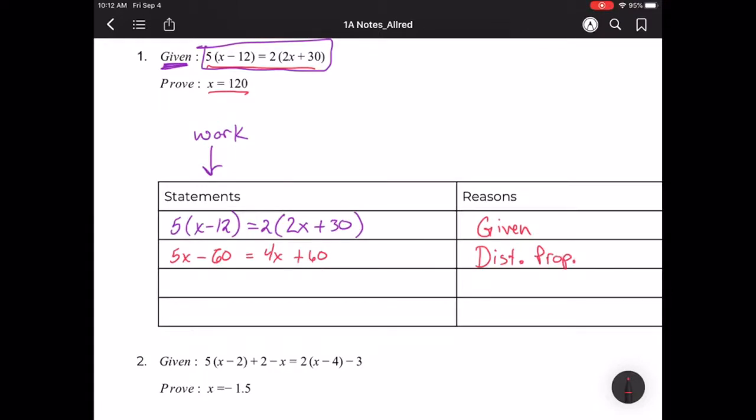Now, you need to remember, the reason tells you how you got this statement, not what you're going to do next. The reason always goes back and tells you what the line before it is about, not what you're going to do next. What I am going to do next is get the x's on one side. So what I would do is subtract the 4x from both sides, but I'm not going to show that.